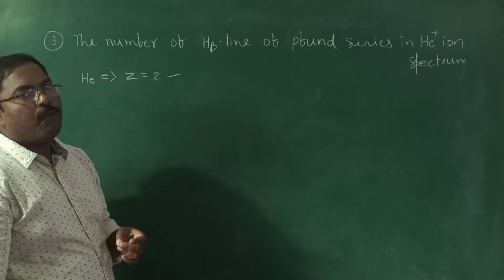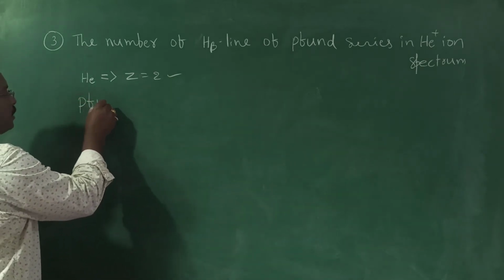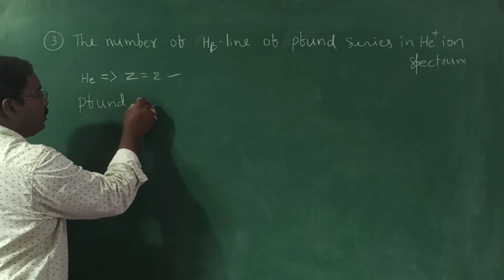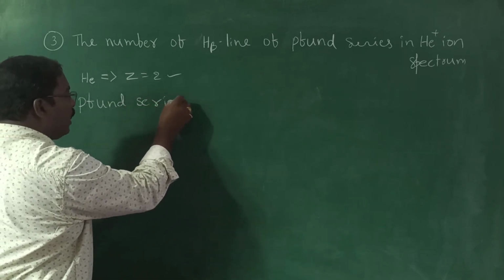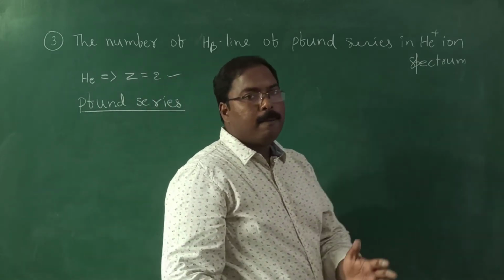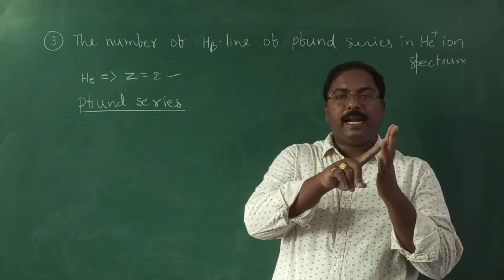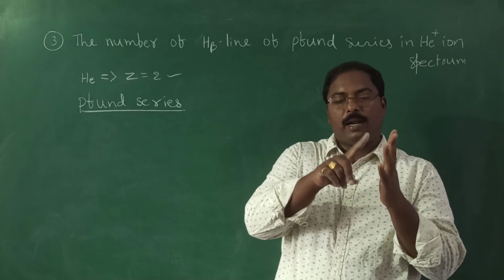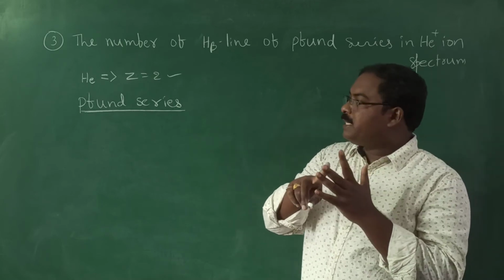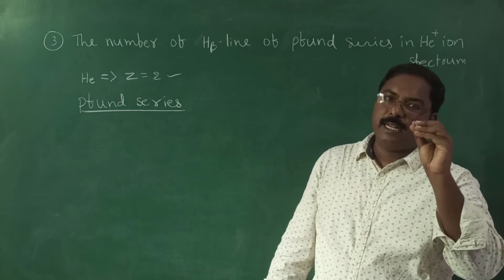They gave Pfund series. Today only we discussed it, so look at the tabular form that I gave you regarding Pfund series. First is Lyman, then Balmer, Paschen, Brackett, Pfund. So Pfund is the fifth series.